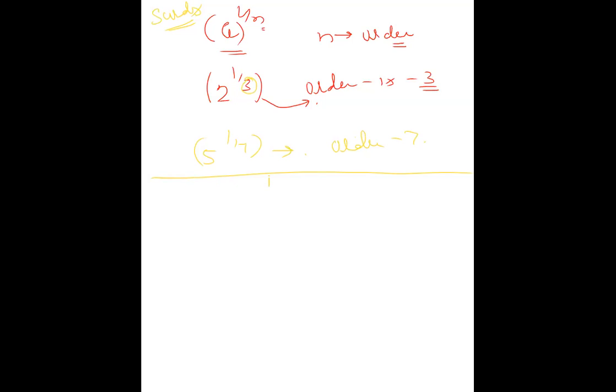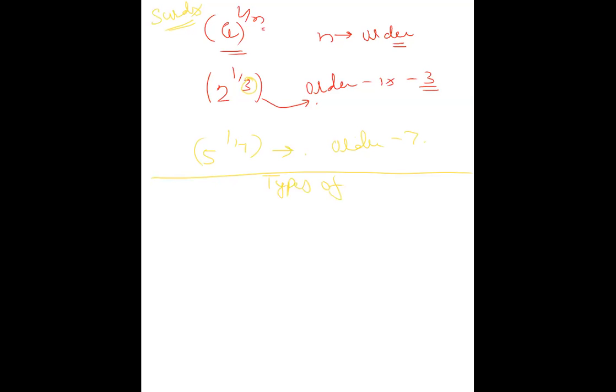Types of surds. First is known as quadratic. याद है quadratic? पहले भी ये टर्म पढ़ा हुआ है आप लोगों का. What is the meaning of quadratic? Power should be 2.